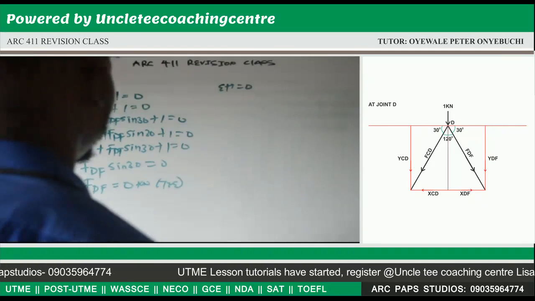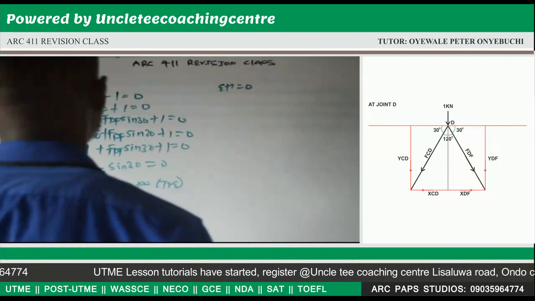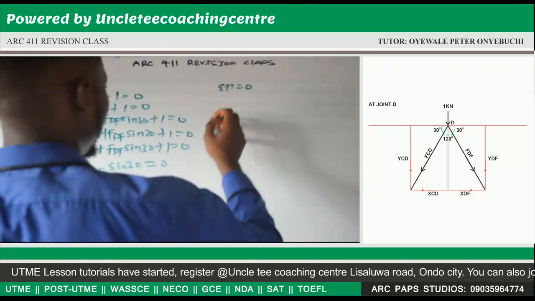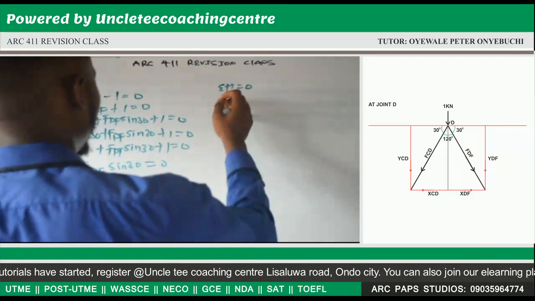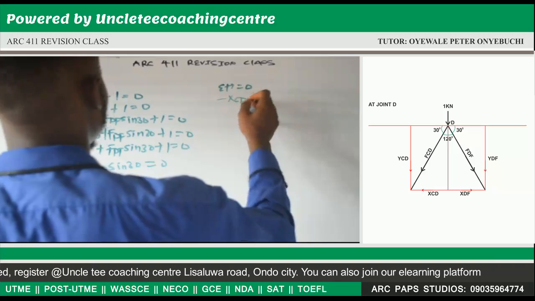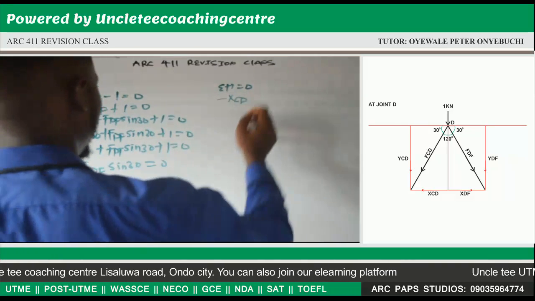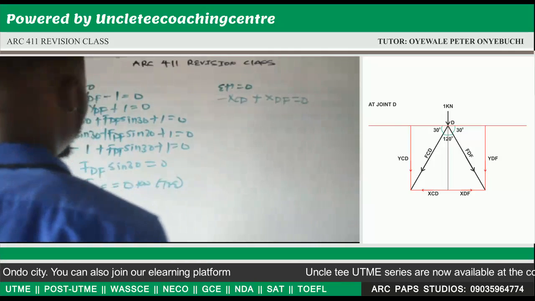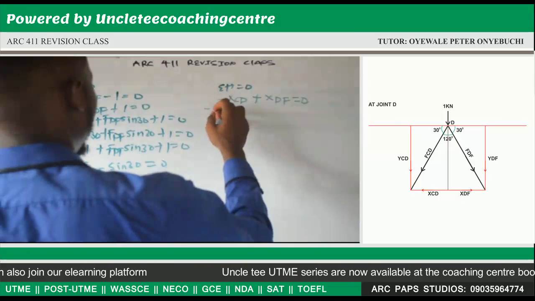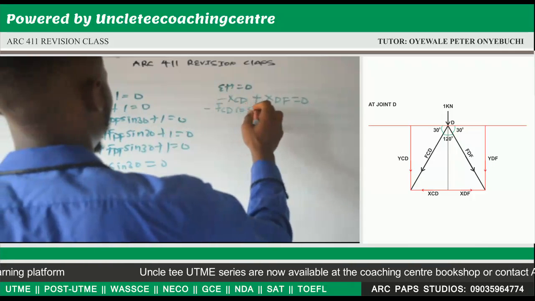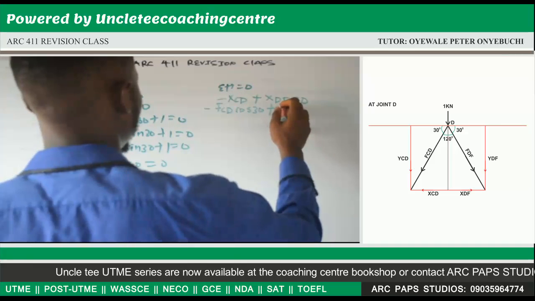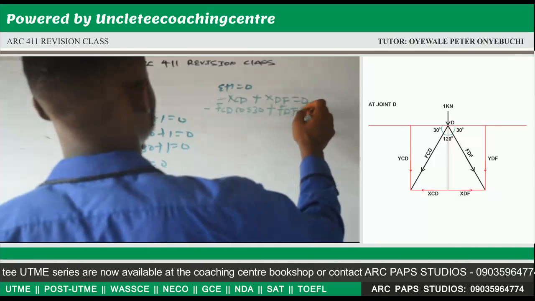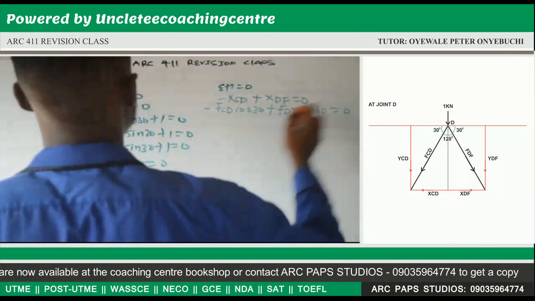Now going to our summation, horizontal forces. The first horizontal force that we have here is minus XCD, following the negative direction, plus XDF is equal to 0. Now this will be minus FCD cos 30 plus FDF cos 30 is equal to 0.